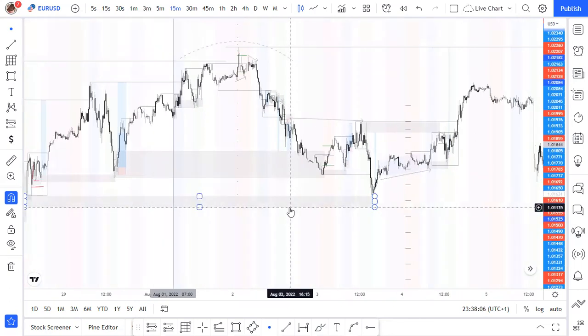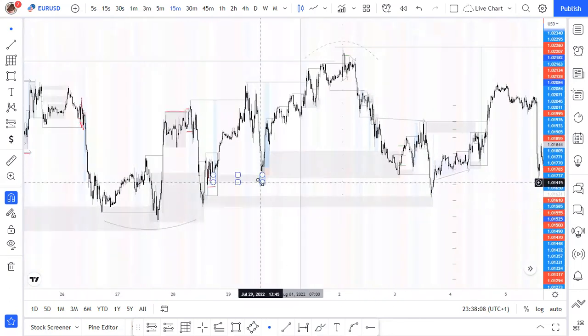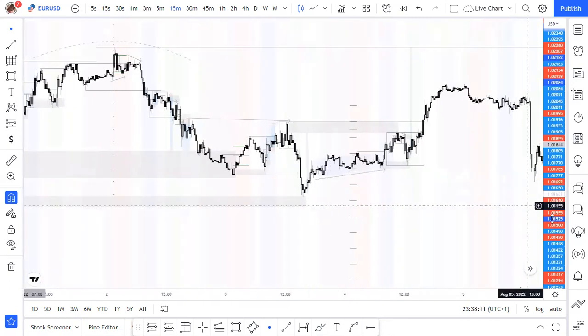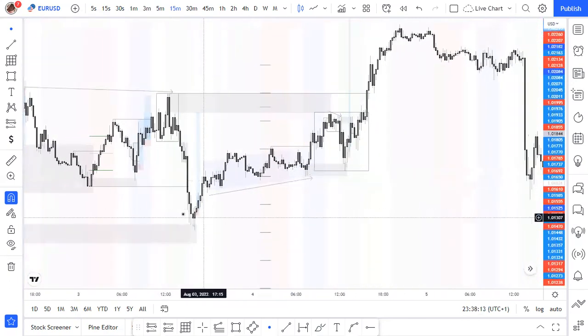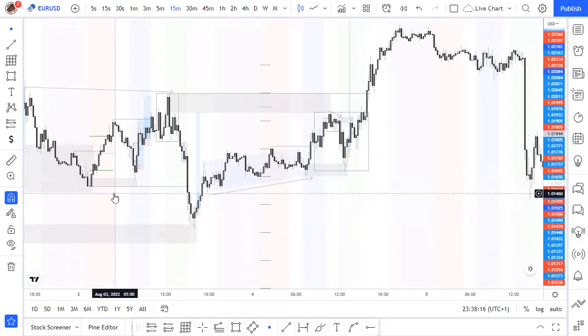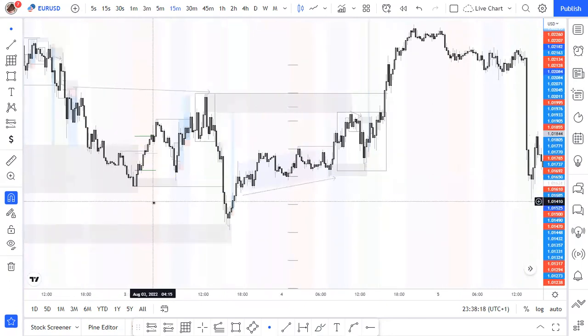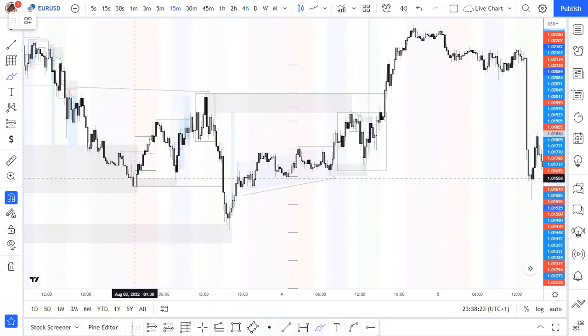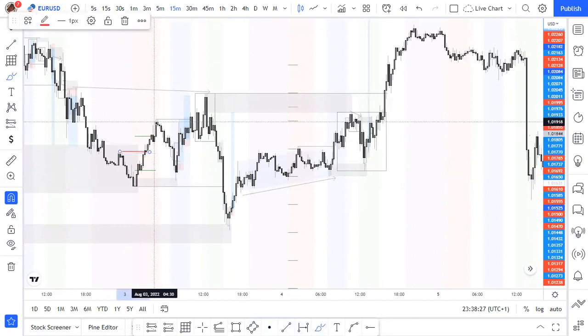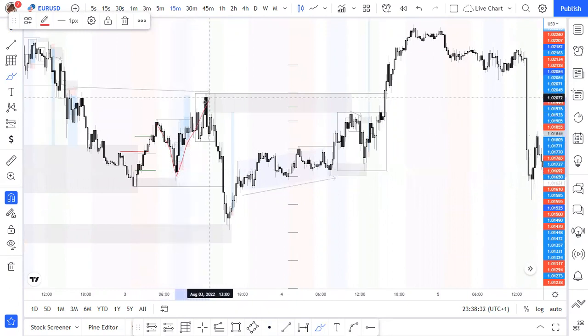On the 15 minutes, we're not really sure, but from this bit of structure we could say the 15-minute structure was bullish at some point, because we had this break of structure, price pulled back, respected the zone, and then confirmed it with a new higher high. But then this range failed to hold price.